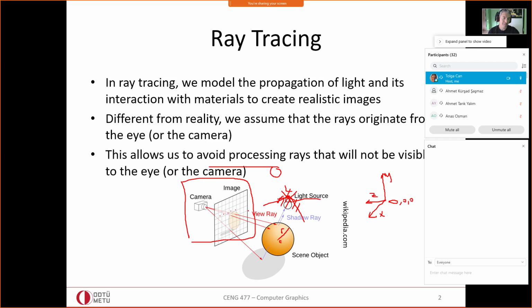By the way, I call this left because I'm looking at this image from the perspective of the camera. So just think about, if you were at the camera and looking at this image plane, this will be your left boundary. This will be your right boundary if you're looking at this direction. And this is the top boundary, and this is the bottom boundary.